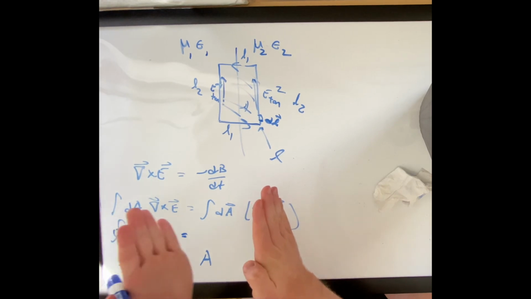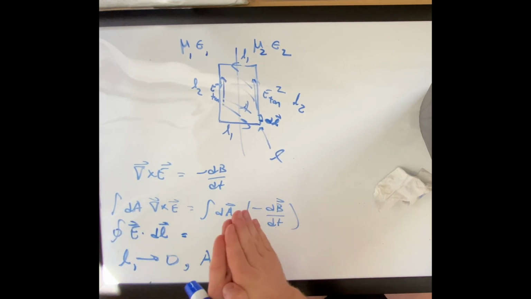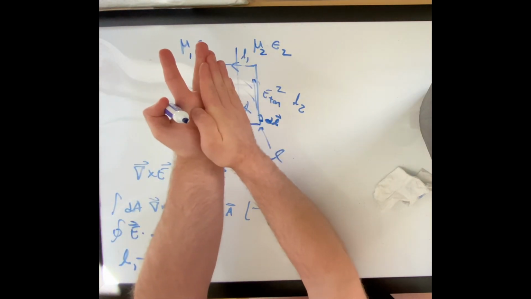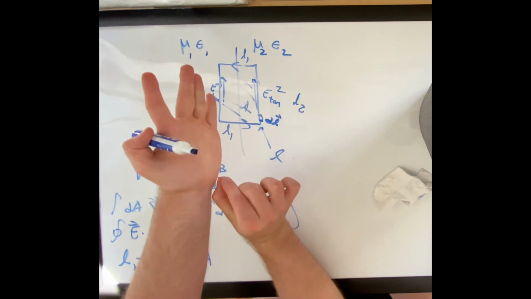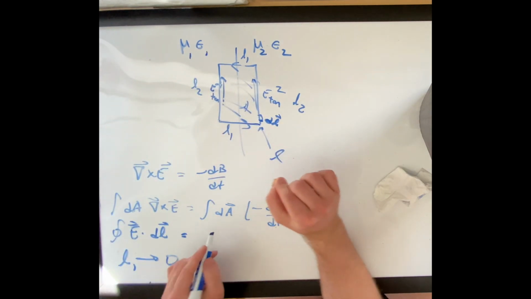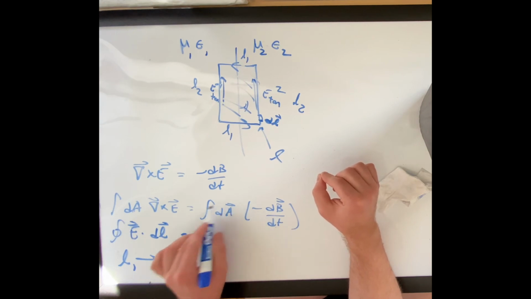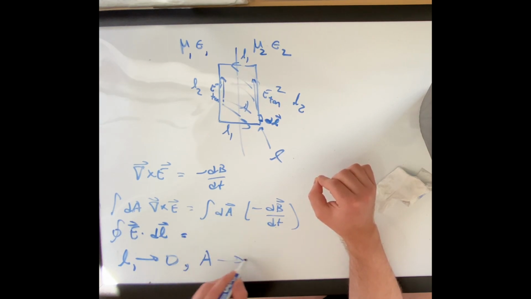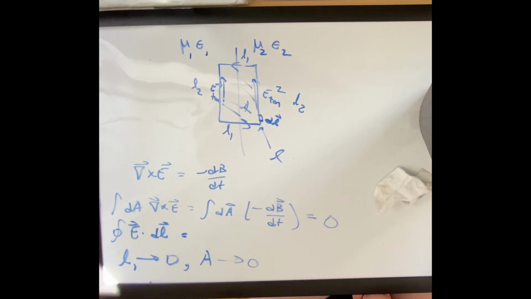But if L1 goes to 0, the area is just 0, right? What's the area of a rectangle with a side of 0? That's just 0. And if we integrate a constant over an area of 0, the answer is going to be 0. So it's 0. But we're not done. We didn't find anything yet. That says that this is 0 around this loop when L1 goes to 0, okay?